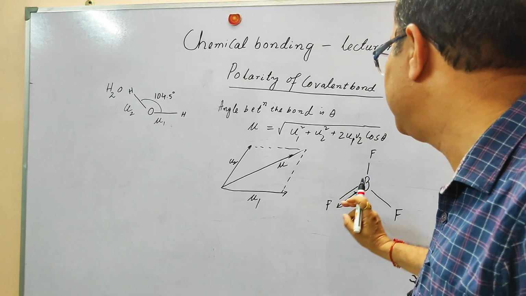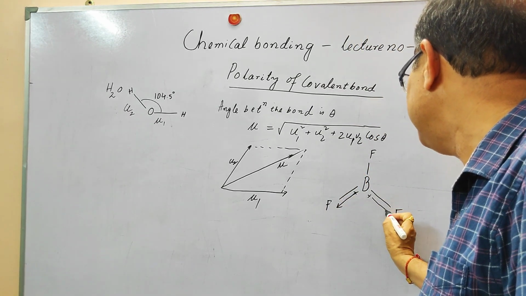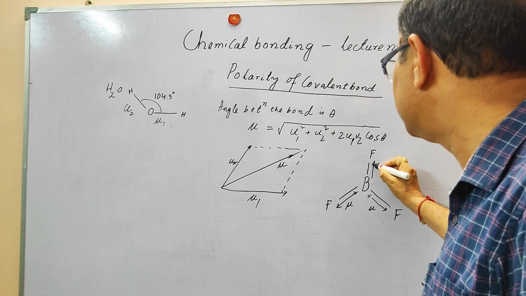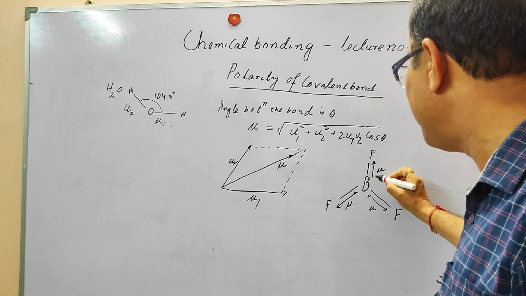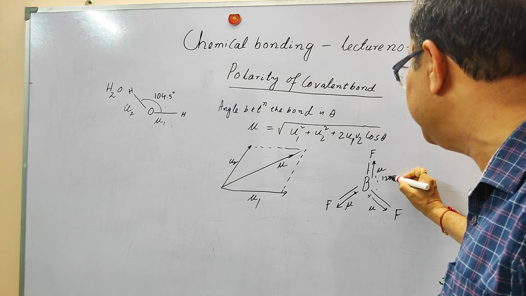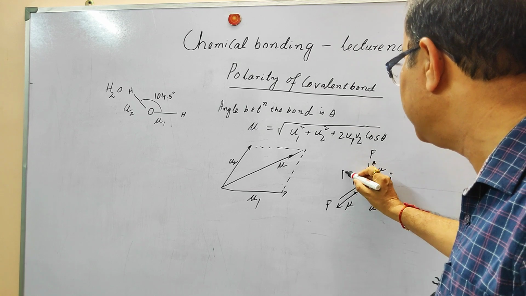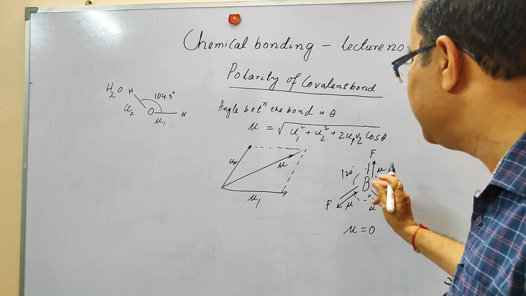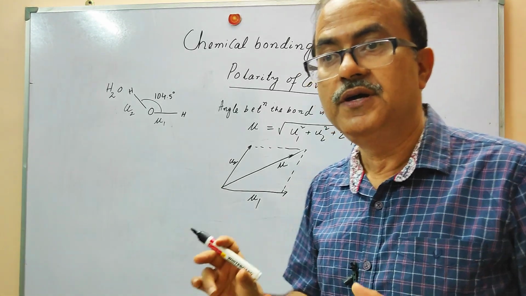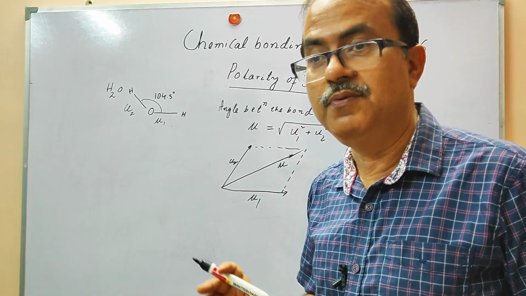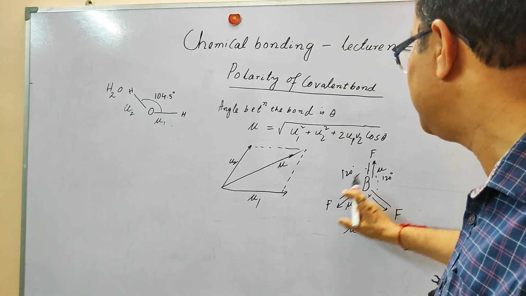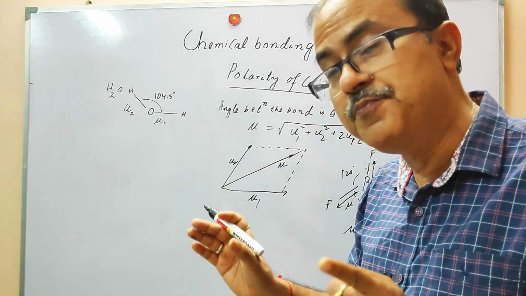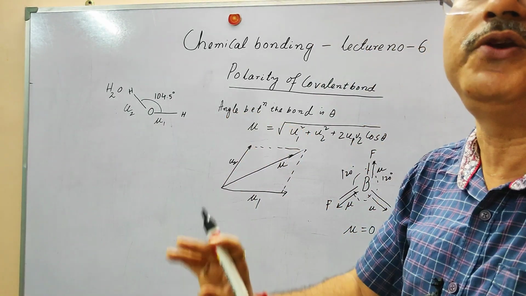The electron will be shifted towards the fluorine, and here the dipole moment, suppose it is mu, and this is also mu, and this is also mu. And the bond angle, we know, is 120 degrees. And we will observe one very important thing: the resultant dipole moment will be zero, in spite of the fact that each and every bond dipole is large, because the electronegativity difference is very high. In spite of this high bond dipole, the resultant dipole moment will be zero.